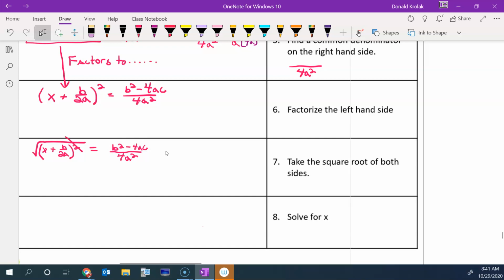The square and the square root just cancel, so I end up with x plus b over 2a equals, and the square root here is just two square roots, the top and the bottom.